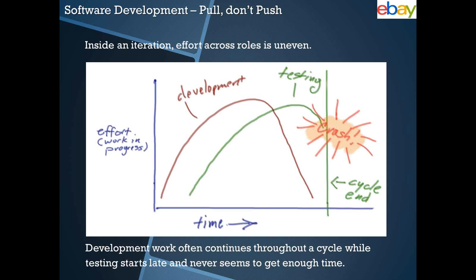And testing, even though it starts early, since development is still going on, testing doesn't complete by the end of the cycle, and in the end there will be a crash, as in testing might not be completed in the given timelines where you have committed to roll out the product. So this is what's been happening. I'm sure a lot of software engineers might have faced this as you're executing projects.